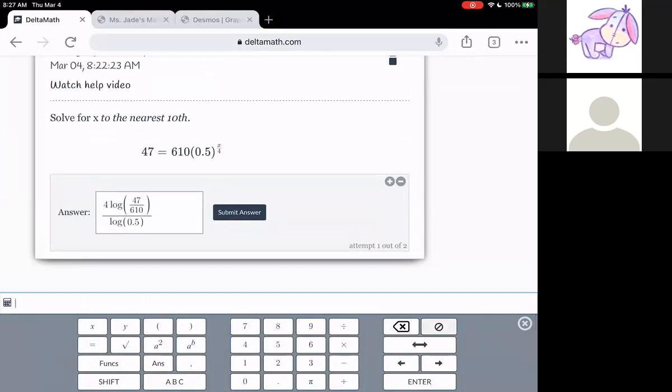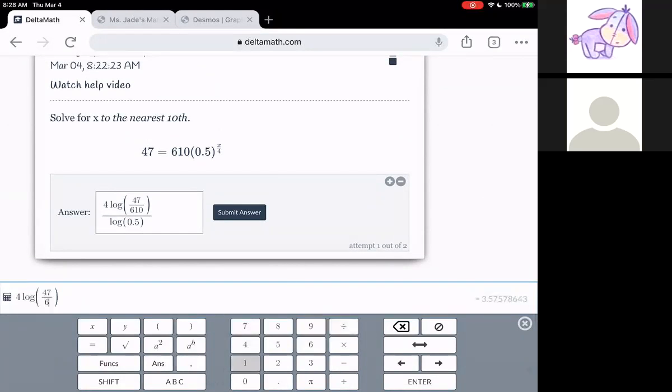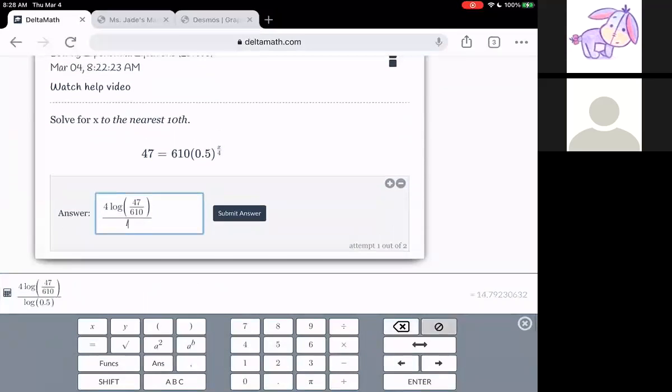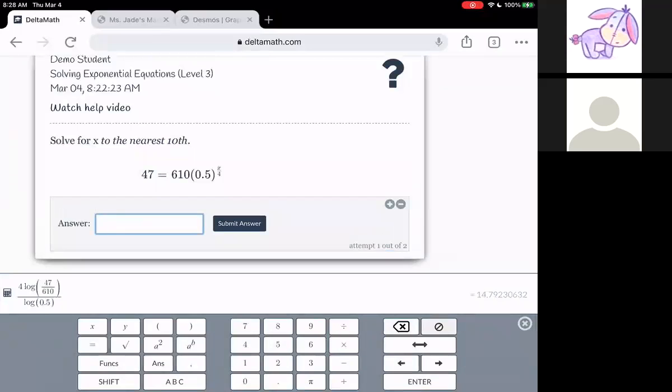Okay, let's redo that. 4 log 47 over 610 divided by log of 0.5. And that would give us 14.792, and we're going to round it to the nearest tenth, so 14.8. Okay, so 14.8, I'm going to submit answer now.